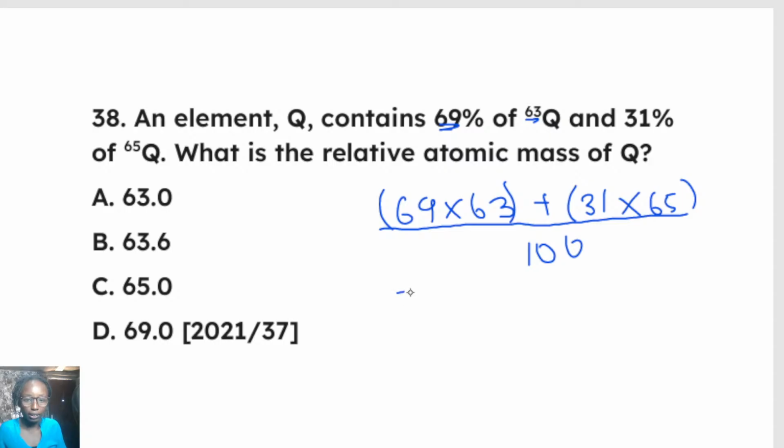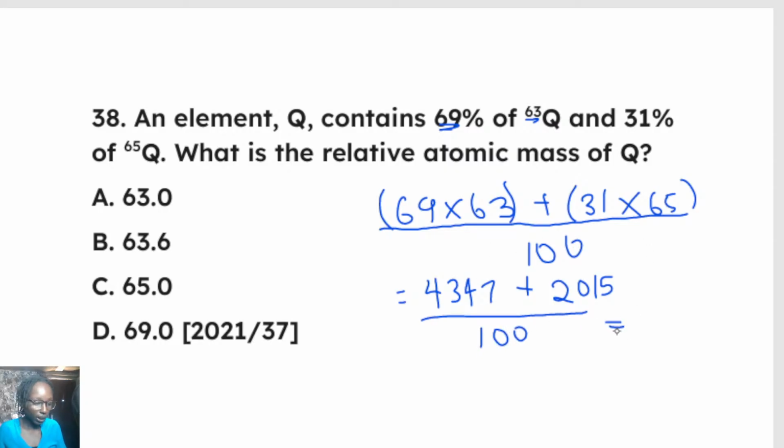If you multiply this, I have 4,347 plus 2,015, divided by 100. And if we divide this, we get 63.62. So we can approximate that to 63.6.